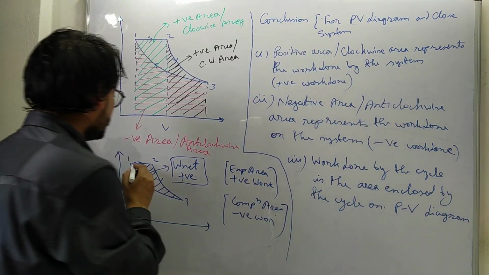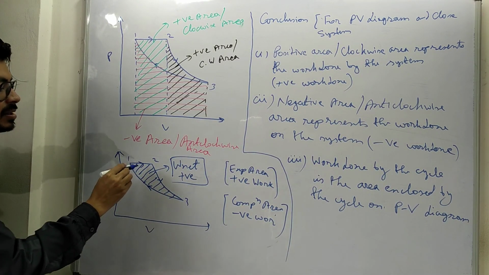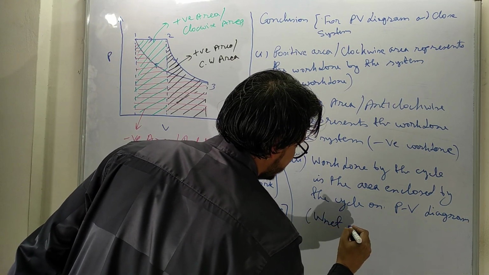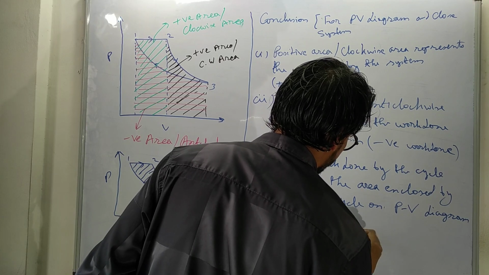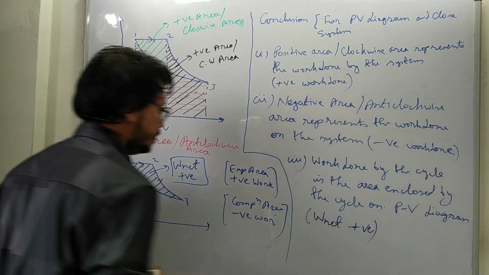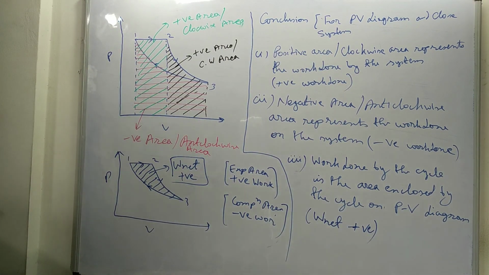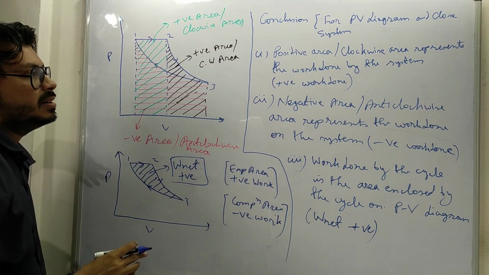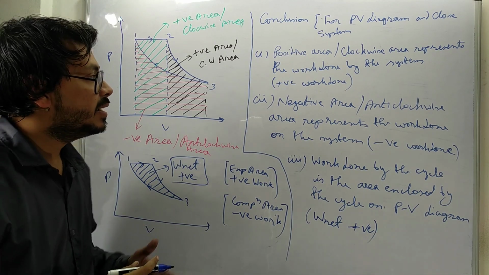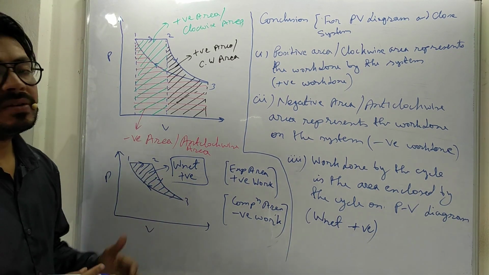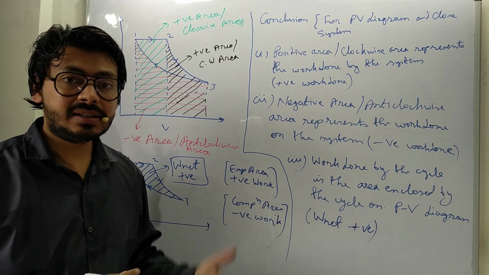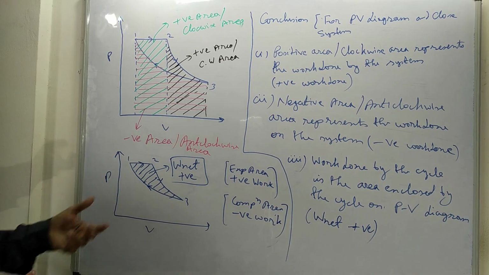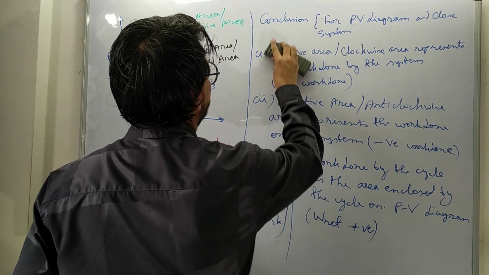So the area enclosed by the cycle on the PV diagram is the work done by the cycle, W net, positive. So the positive area represents the work done by the system, the negative, anti-clockwise area represents the work done on the system, and the work done by the cycle is the area enclosed by the cycle on the PV diagram, and this area is positive.